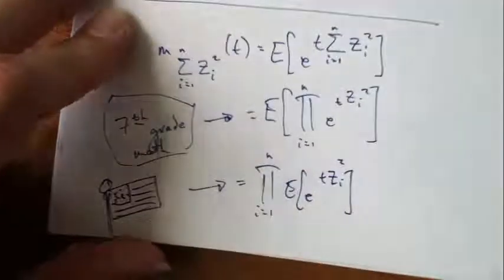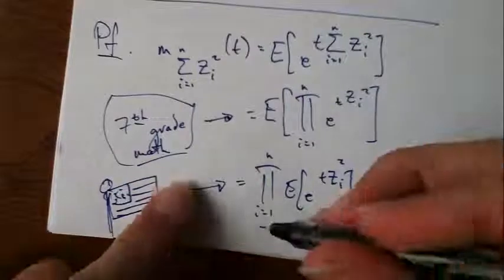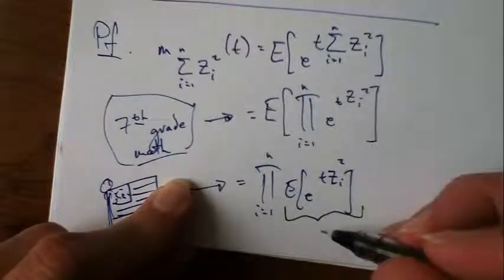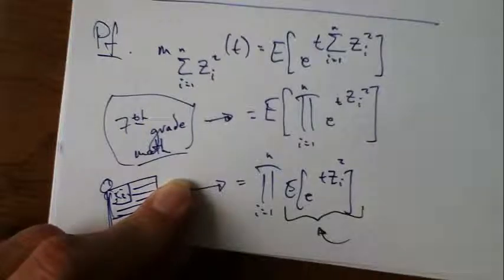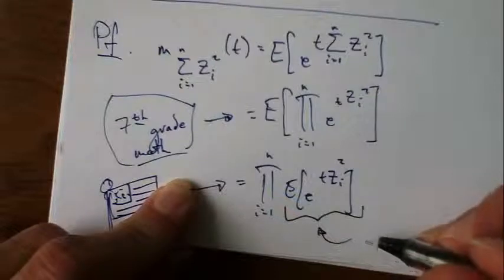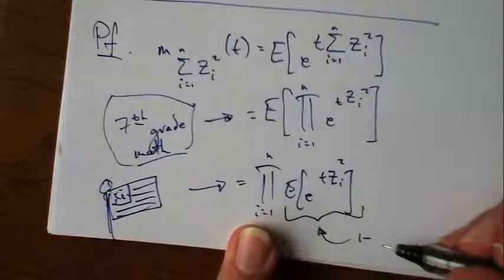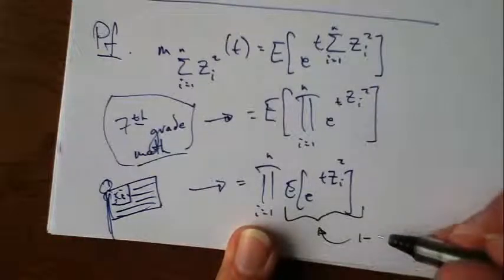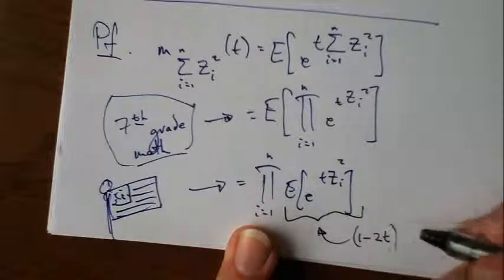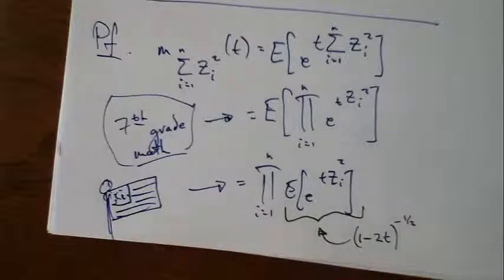Now, I already know what this is from our previous example, right? This is the moment-generating function for a chi-square random variable, right? So this is 1 minus 2t to the negative 1/2, right?